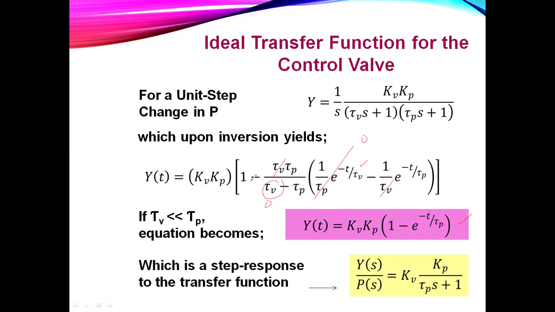That explains that the only constant that is left here is this one, k sub v over k sub p, this one being, let's say, 1 because you can cancel it out. So you will have simply 1 minus this remaining expression here. So you have 1 minus e raised to negative t over tau sub p.